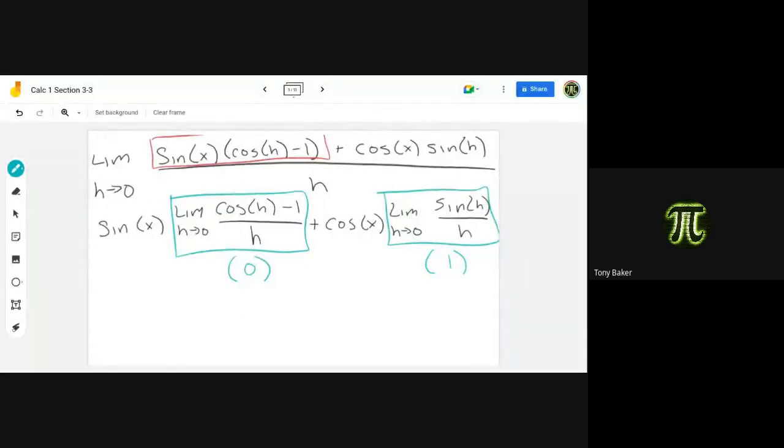So that goes to 1. So sine of x times 0 plus cosine of x times 1 is cosine of x. So if f of x equals sine of x, then f prime of x equals cosine of x.